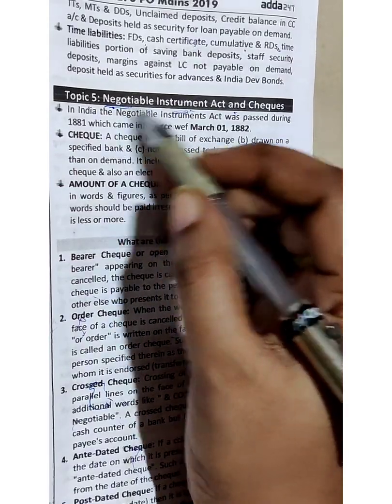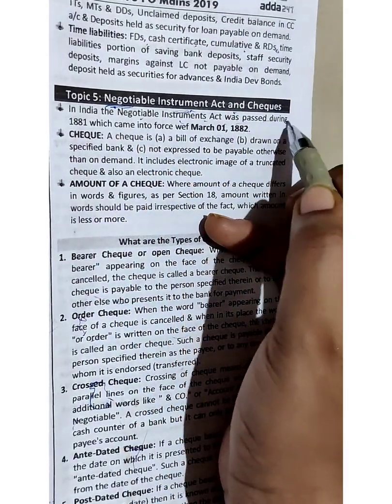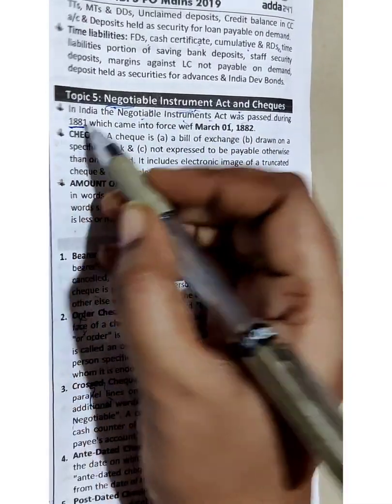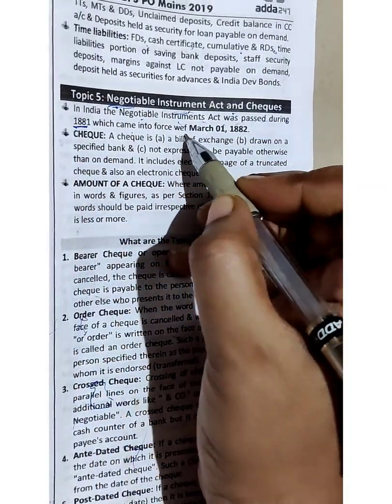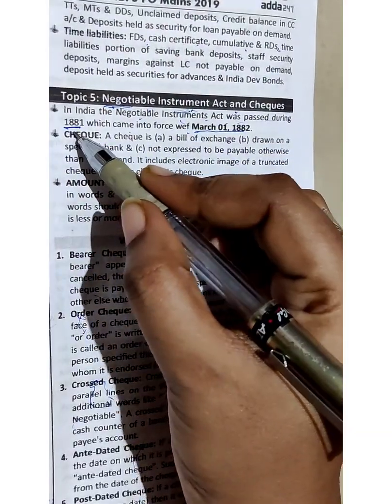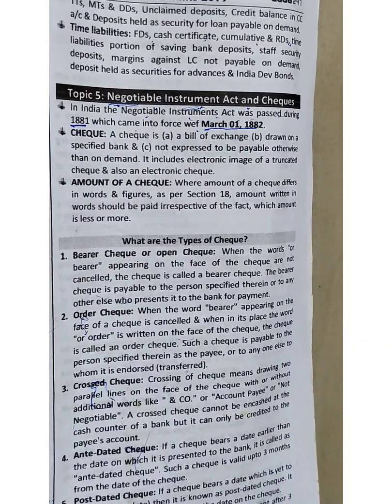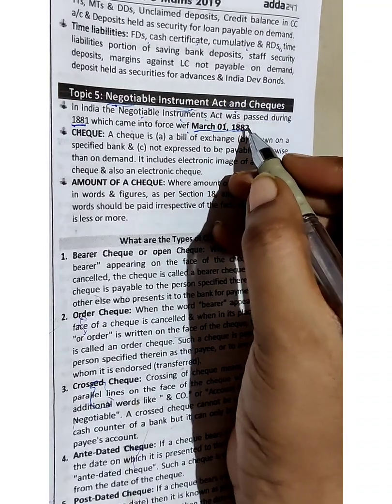So the first one is the negotiable instrument. In India, the Negotiable Instruments Act was passed in 1881, which came into force on March 1, 1882.